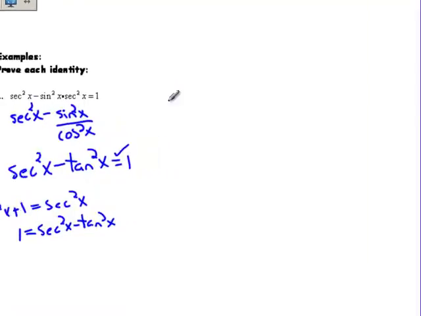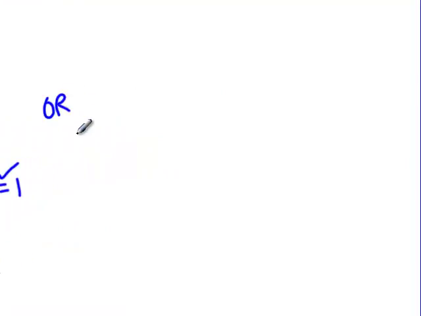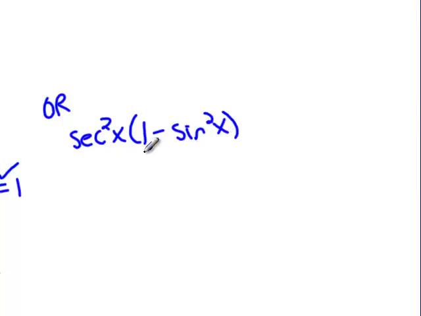I could have factored this. This has two terms, and they have a common factor of secant squared. So I could have factored out a secant squared, which would have left me 1 minus sine squared. And you should have seen yesterday that this happened a lot.